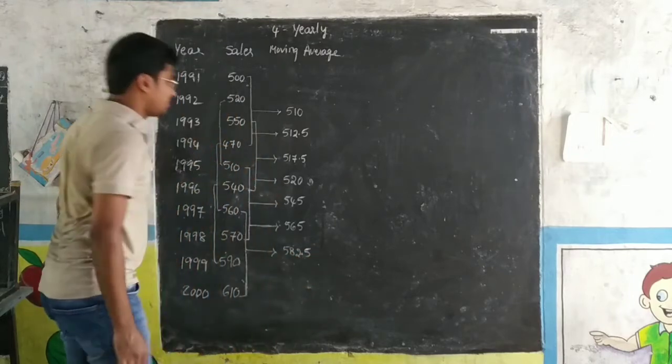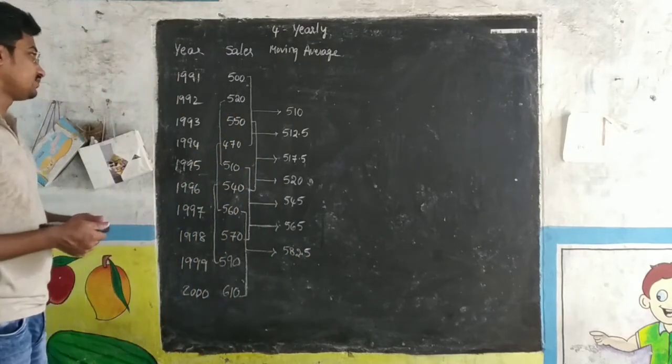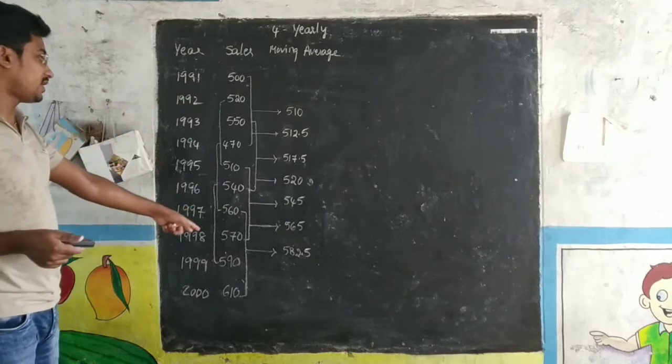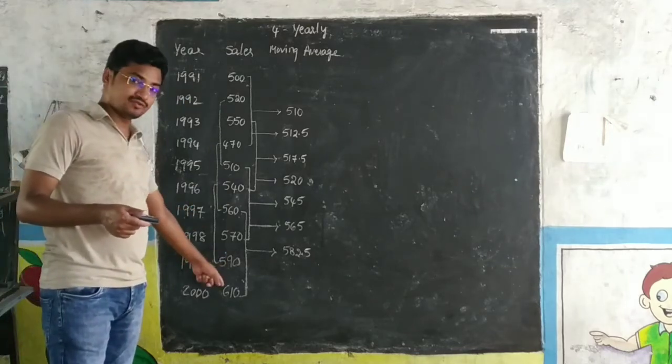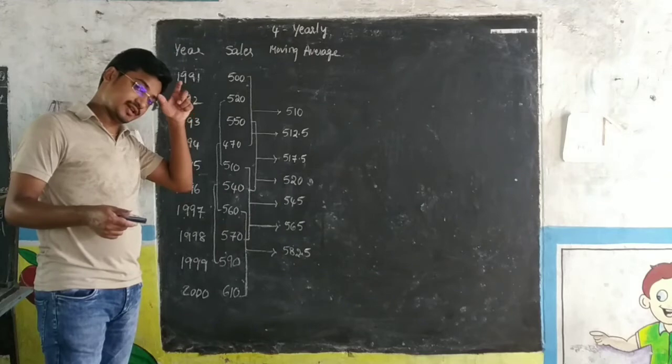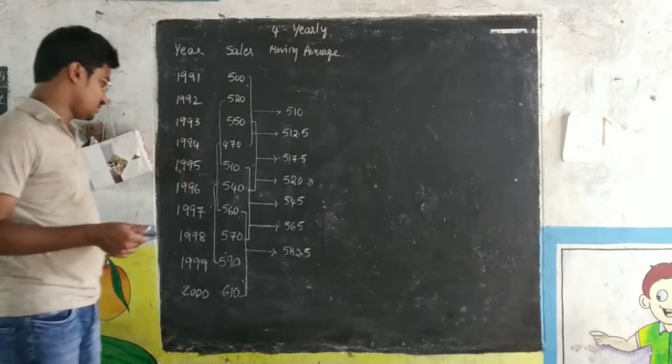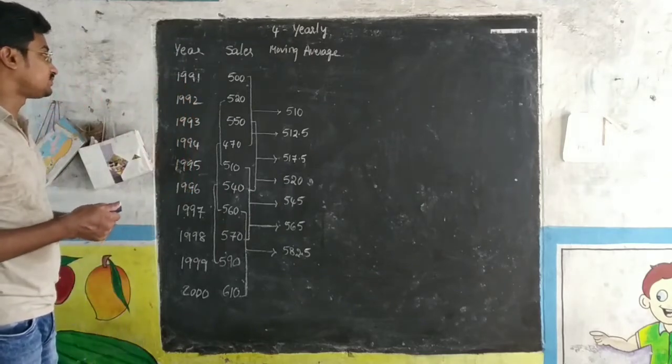This is the 4 yearly moving average. Next, there are no 4 year values, only 3 years. Omit the last 2 years.